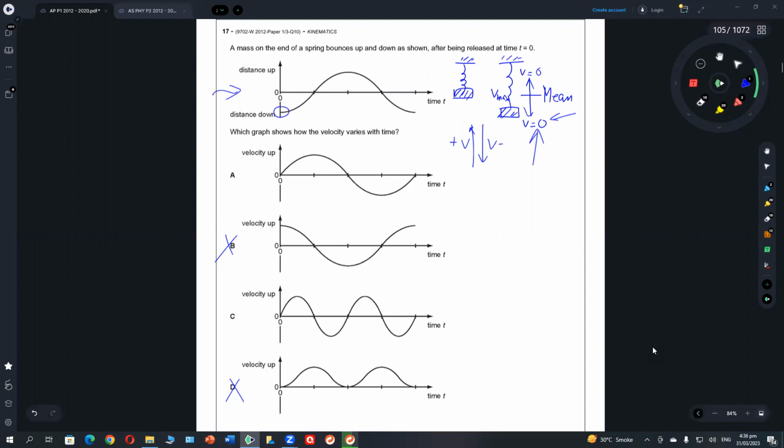One. Very good. The source graph shows one cycle. The number of cycles won't change. This shows one cycle and this shows two cycles. So that's why C is rejected.